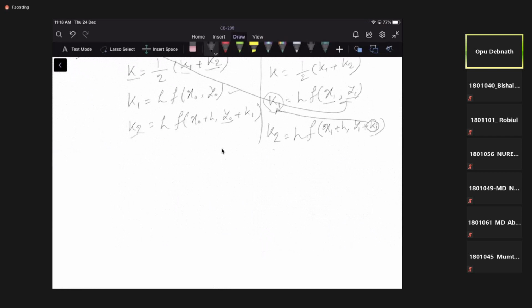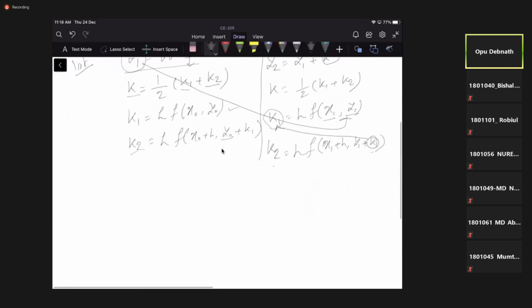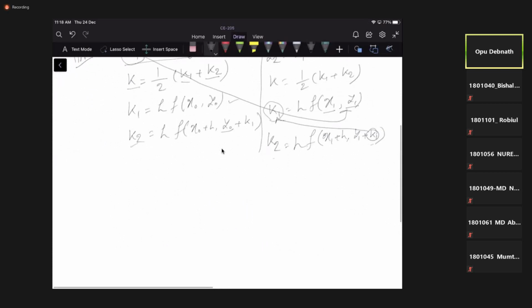Now we will go for the third order and fourth order, that means higher orders. For higher orders the procedure is the same, simply there will be variation in calculating the k values. So first of all I would like to show the equations for higher orders.